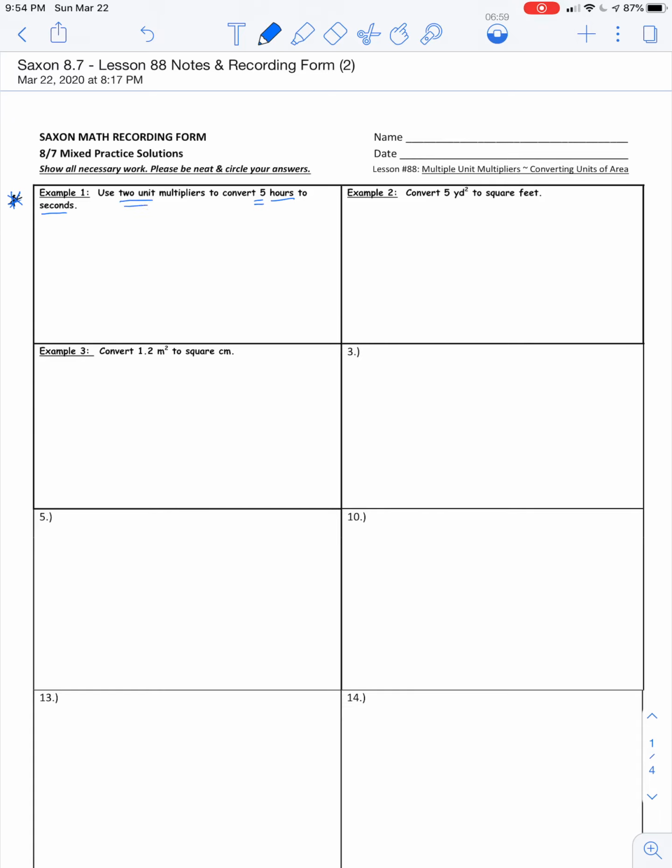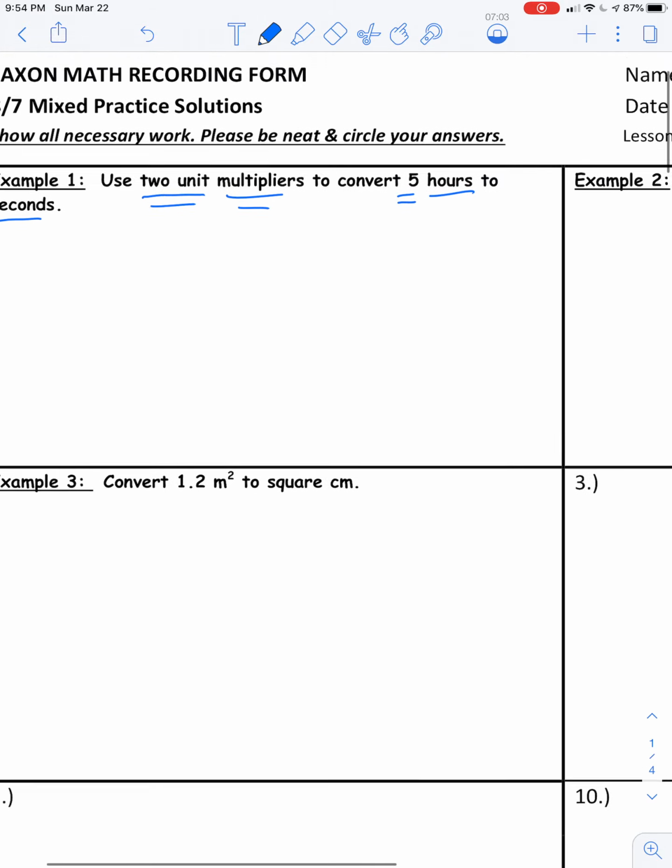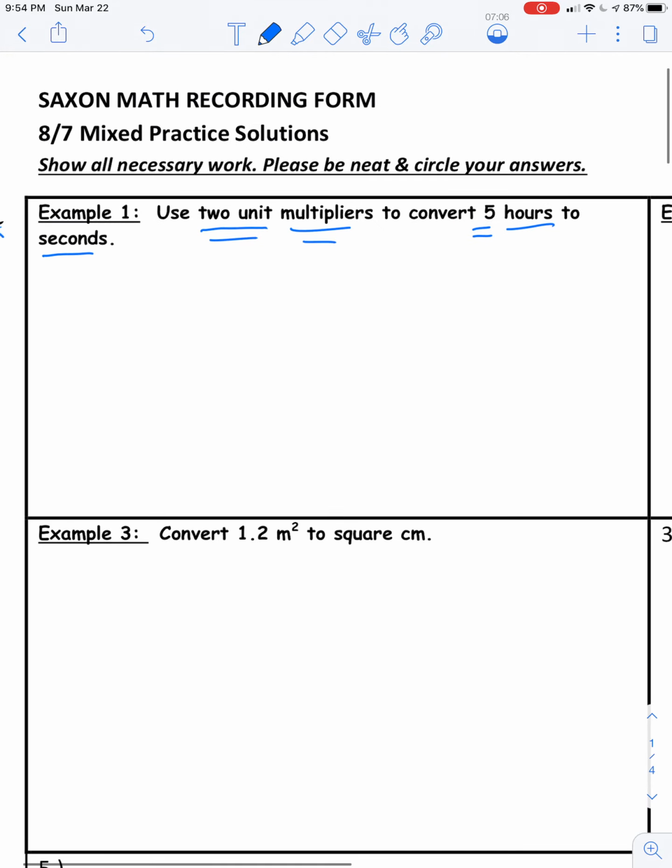I'm going to expand this a little bit so you can follow me better. The first example in your notes, in the upper left-hand corner. We always start with where we're beginning. What are we converting? We're converting 5 hours, and we're going to multiply this with our 2 unit multipliers.